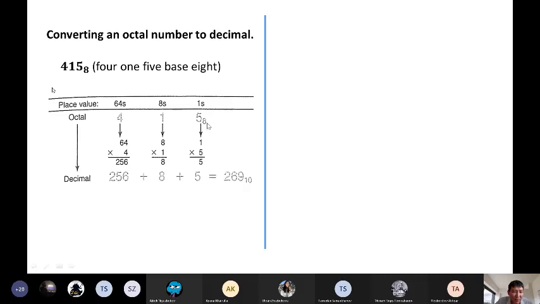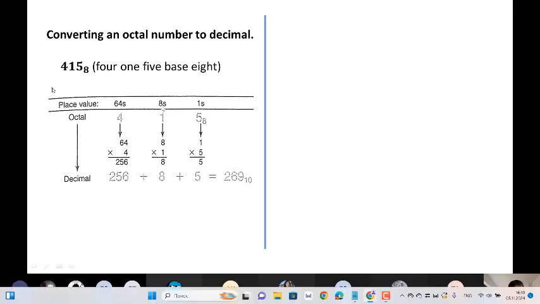So the first position, 5, its value is just 1. The second digit from the point, its value is 8. Next one, 64. So it's different from hexadecimal, and different from binary. Next, what we will do: here the value is 1, the number is 5, just 1 times 5 will be 5.